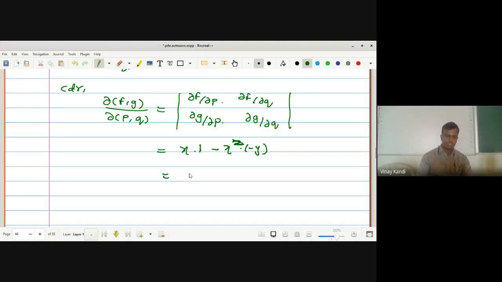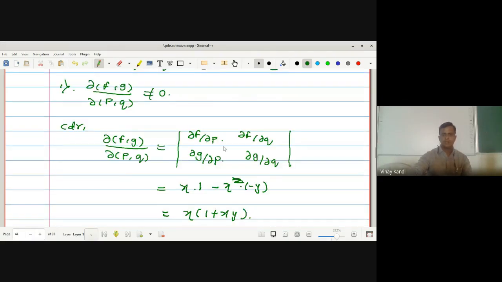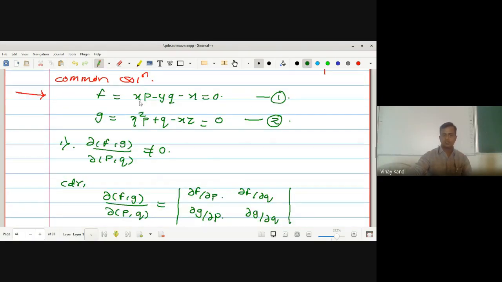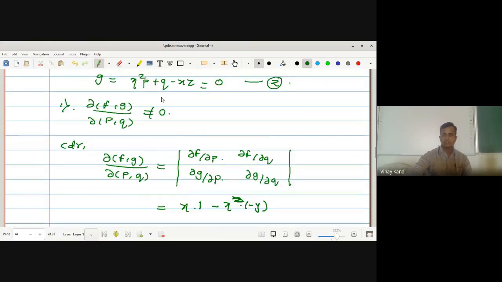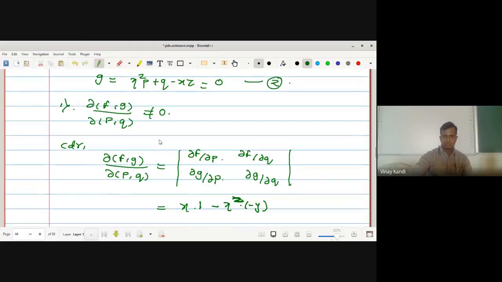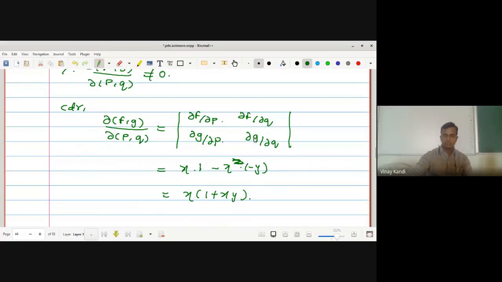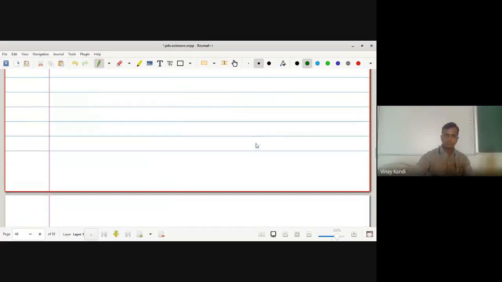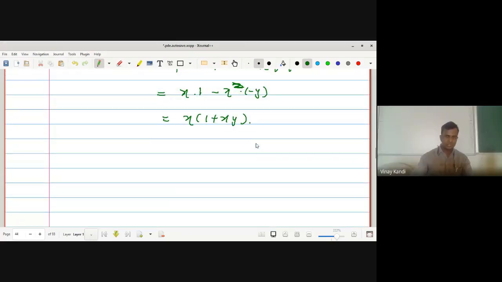Is it correct? Dou f by dou p is x. Dou f by dou q is 1. Is it correct? Yes, sir. x into 1 plus xy, but is not equal to 0 on whole domain D. Okay, now condition 1 is verified.